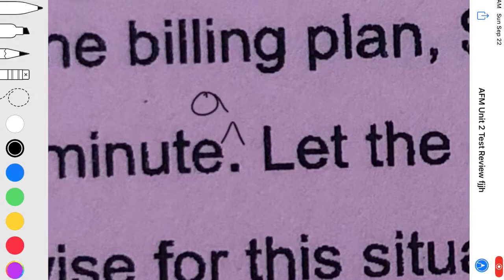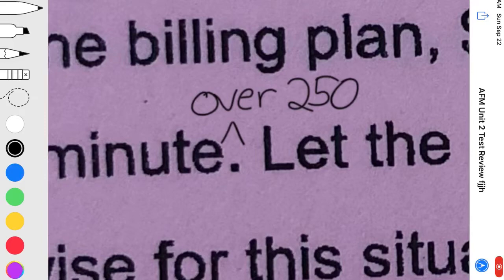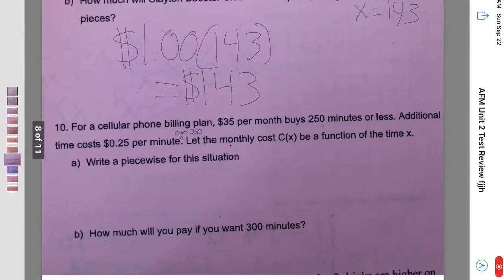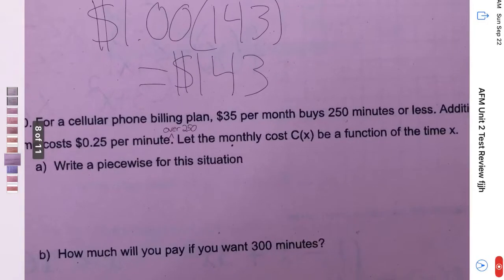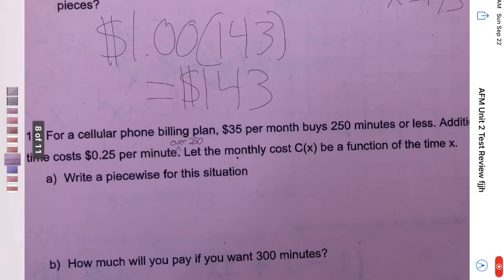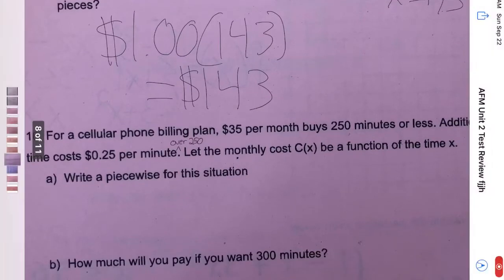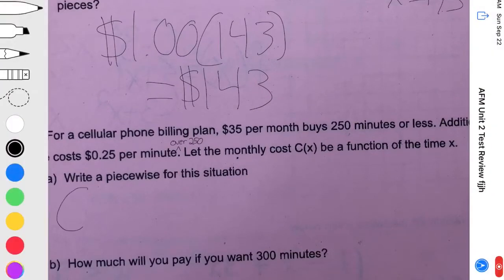Minute over 250. So that is changing our equation when we create that second step. So we're going to first create our outside of our piecewise. So we are told our equation is C of X equals, and then our squiggly.